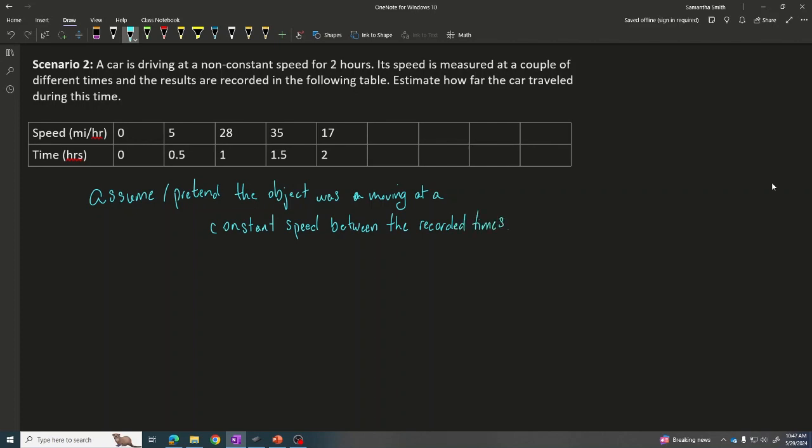So, for example, I might assume that between time 0 and time 0.5, the car was traveling at a constant speed of 5.